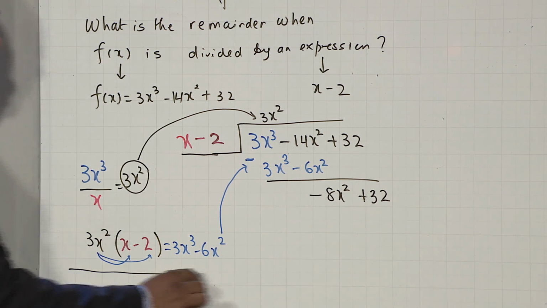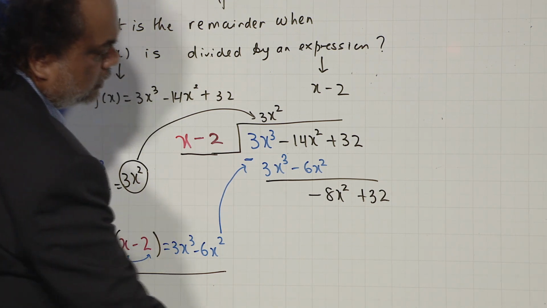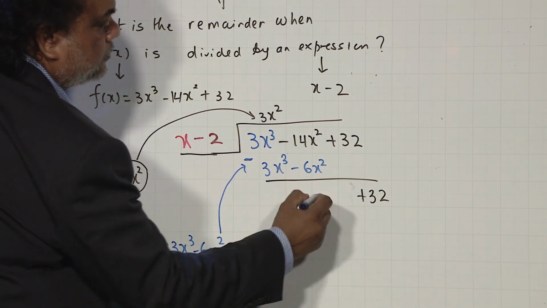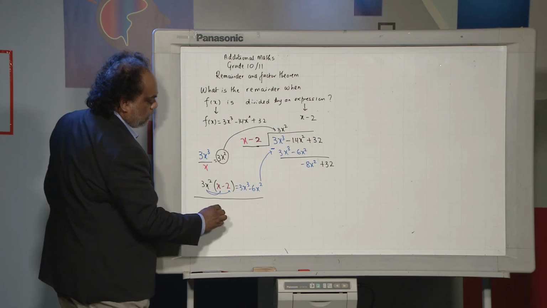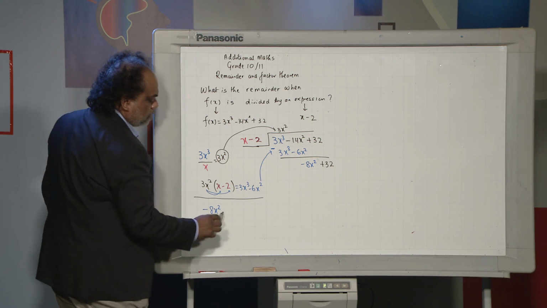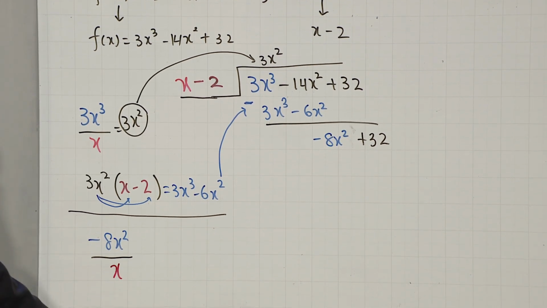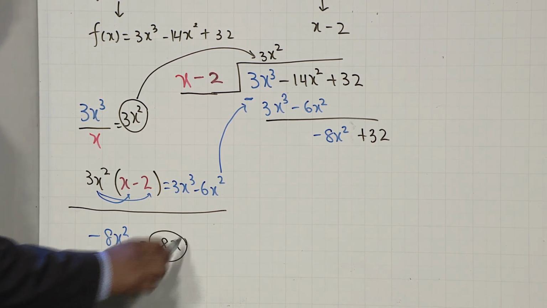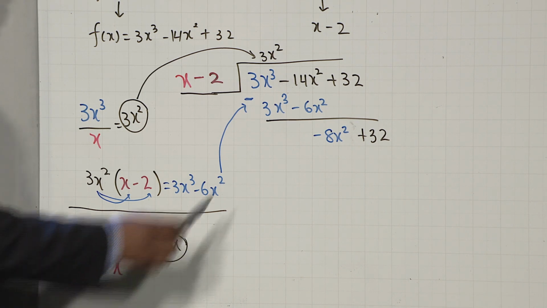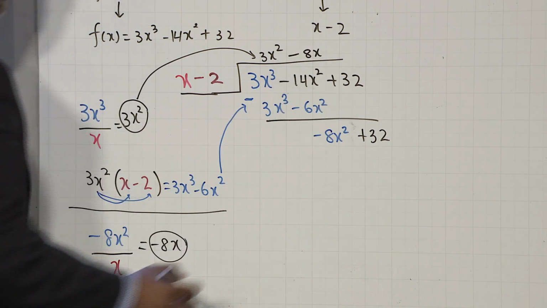Now I'm going to repeat the procedure once again. Minus 8x squared, I'm going to divide by the first term in the divisor, x. This gives me minus 8x. As you guessed, I'm going to copy it in the quotient, minus 8x.